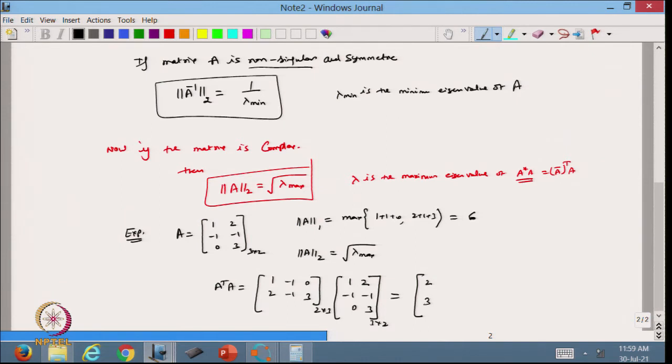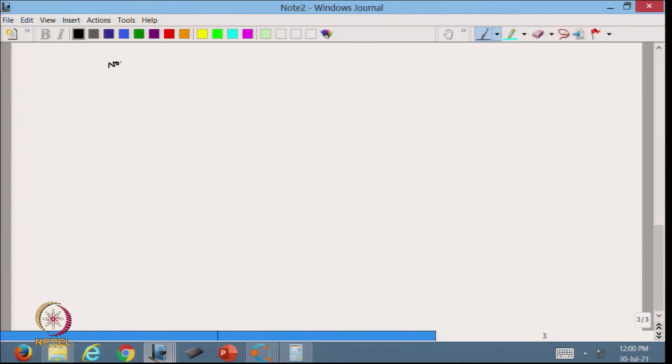Now, this is again 2 plus 1, 3, and this is 4 plus 1, 5, plus 9, 14. So, I got this matrix, that is A transpose A, and of course this is a symmetric matrix, that we can check from here. Now, I want to define its eigenvalues.